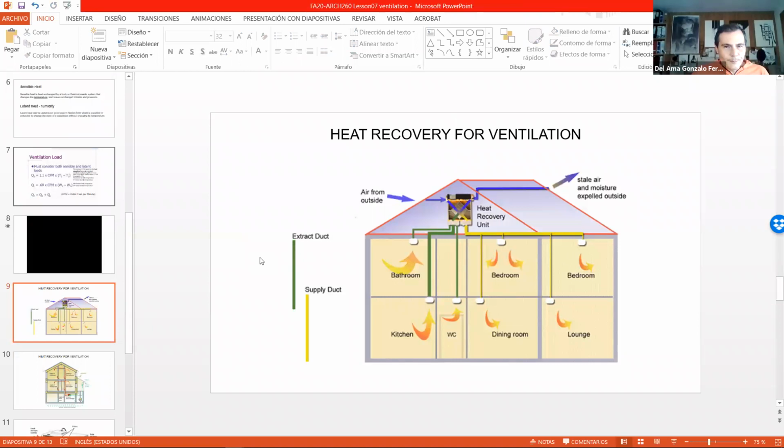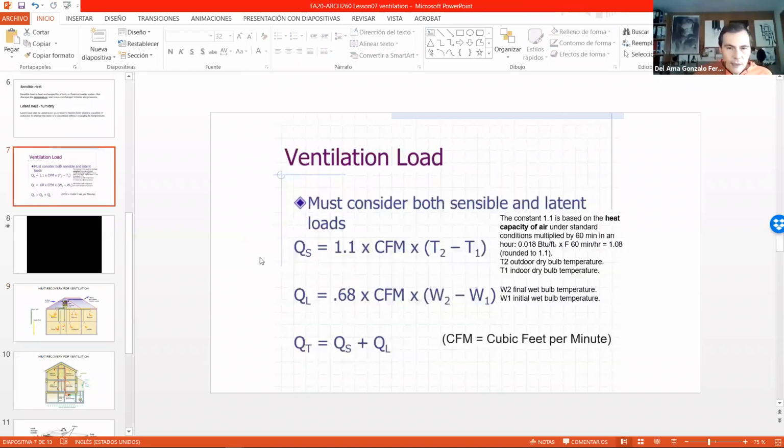And we have these formulas. Where do these values come from? Well, it's explained here. There is a formula to calculate the ventilation load. There are two formulas: we have to calculate the sensible load and the latent load. We didn't do that through the envelope. Through the envelope, we only have sensible heat.